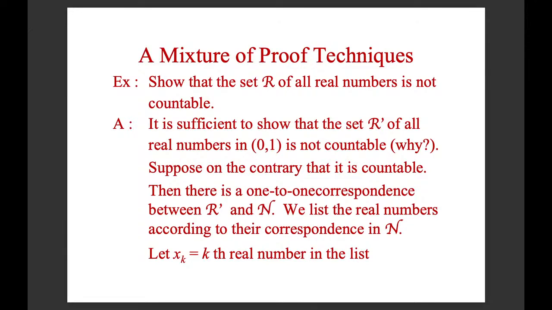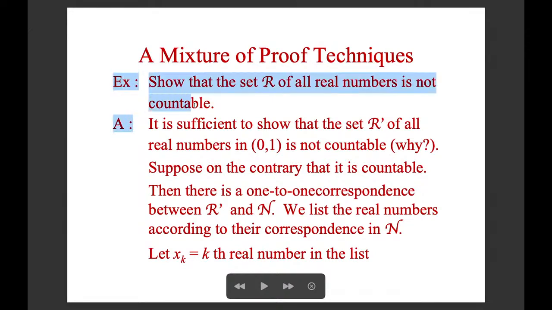In particular, we want to show that the set of real numbers, all real numbers, is not a countable set. In order to show this, we are not going to prove directly that R is not a countable set. We focus on only a subset of R, the real numbers in between 0 and 1.